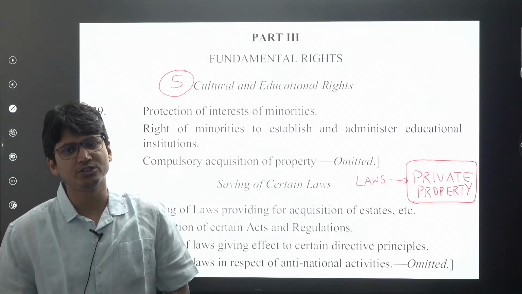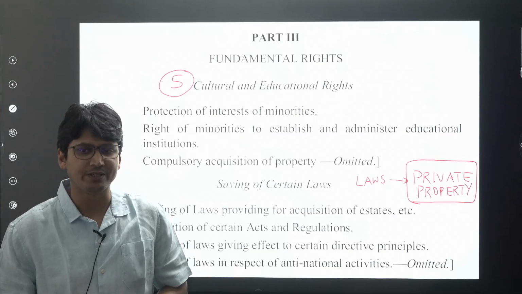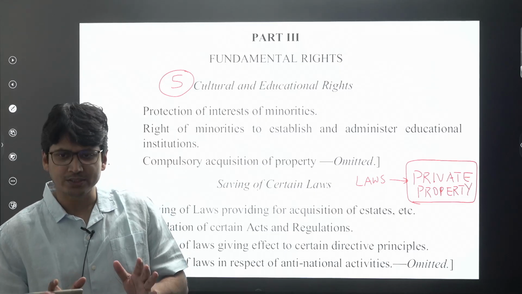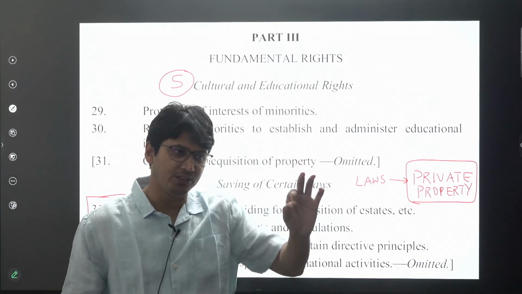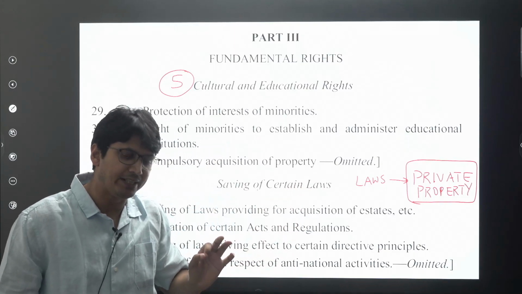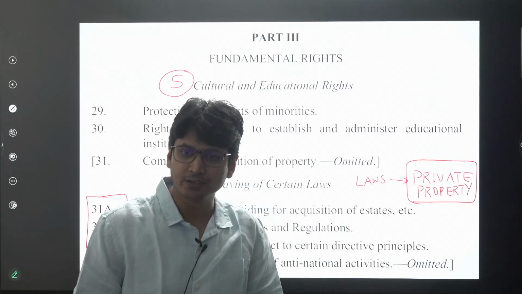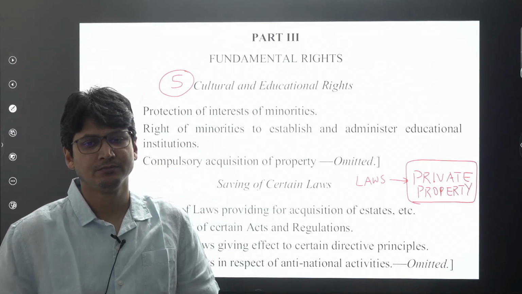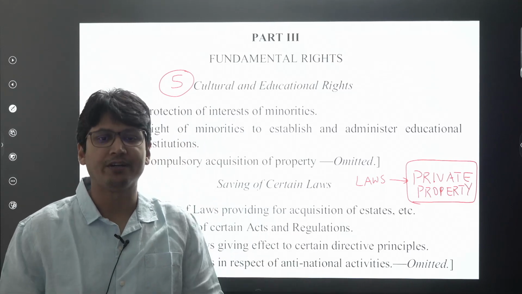Okay? So this is your proper elaboration of fundamental rights under part 3. So it includes 6 components, and other than that, Articles 12, 13, 31A, 31B and 31C. Clear? So this is your whole umbrella of fundamental rights.